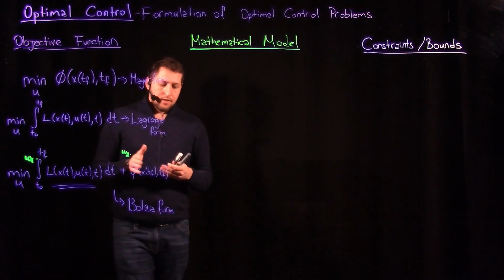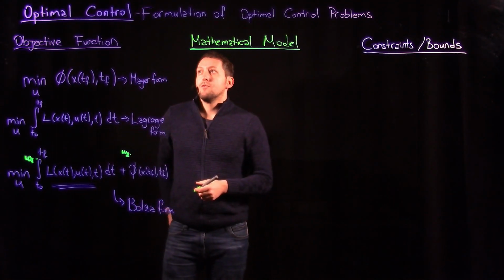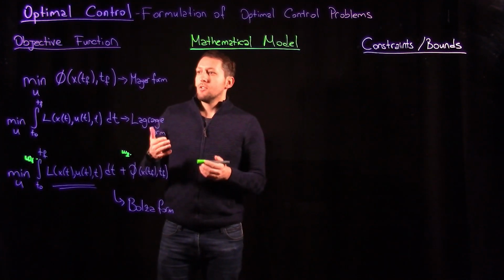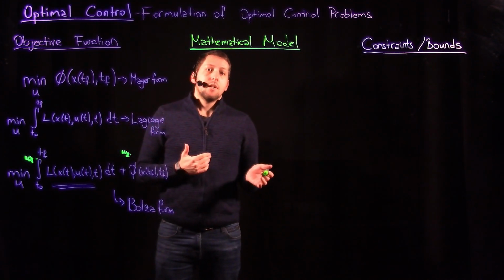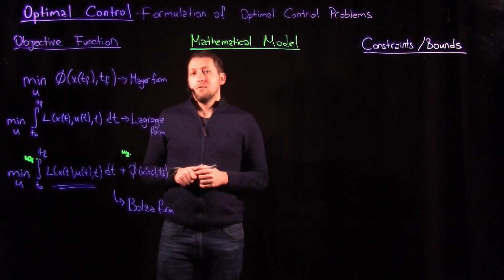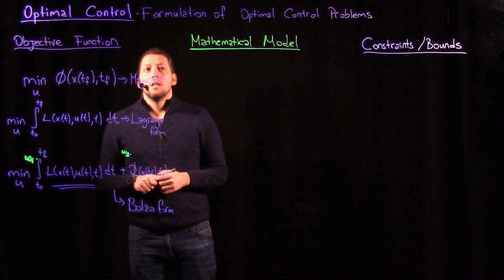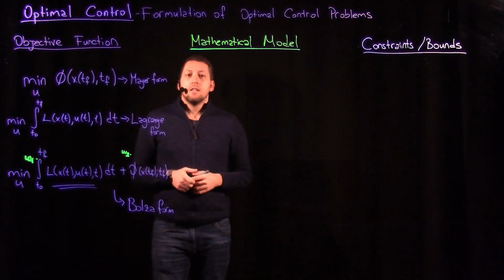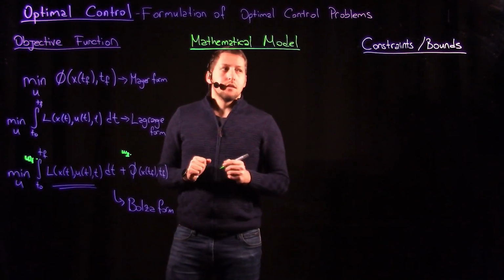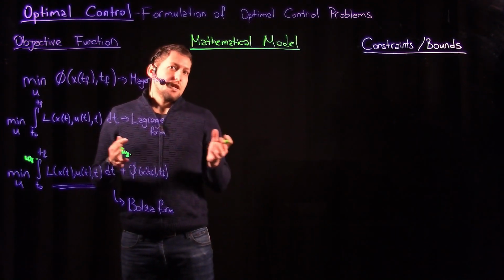Then the other thing that you need in order to form an optimal control problem is the mathematical model, because your states will change with respect to the dynamic system that you are dealing with. Like in the previous case, there is a chemical reaction, and you need to define how this chemical reaction happens. In terms of mathematical tools, we have several options here.